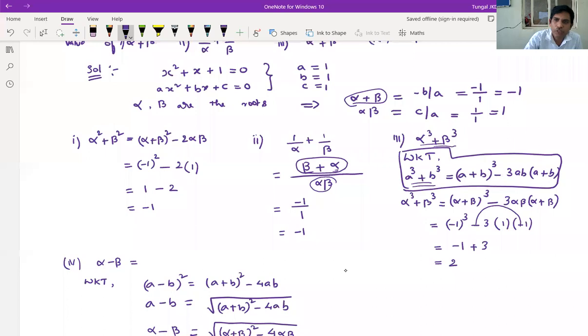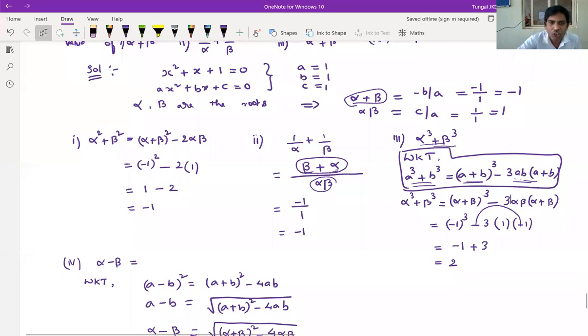A cube plus b cube formula is a plus b whole cube minus 3ab of a plus b. This formula is used here for alpha cube plus beta cube. Similarly, how can you write alpha plus beta whole cube minus 3 alpha beta into alpha plus beta? Values replaced, we will get 2.